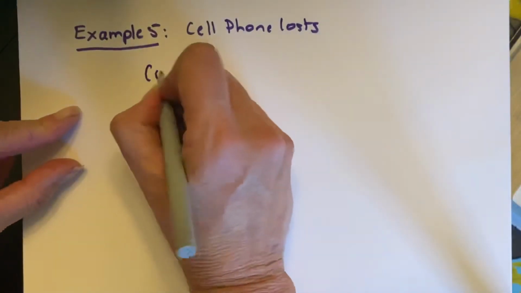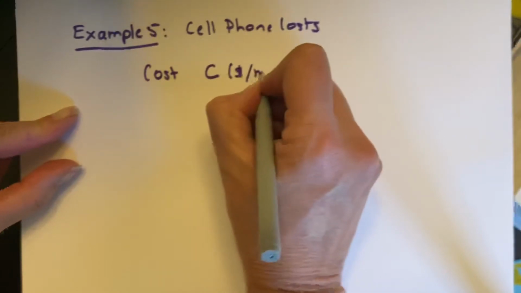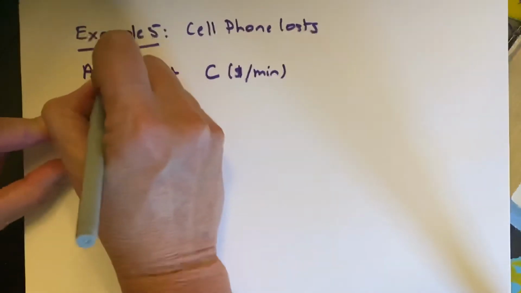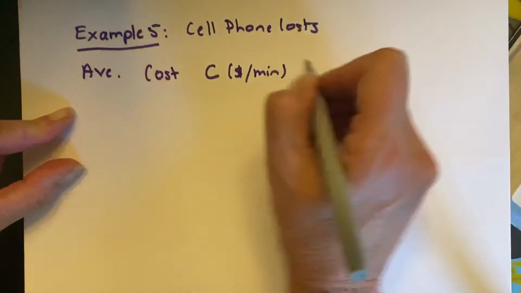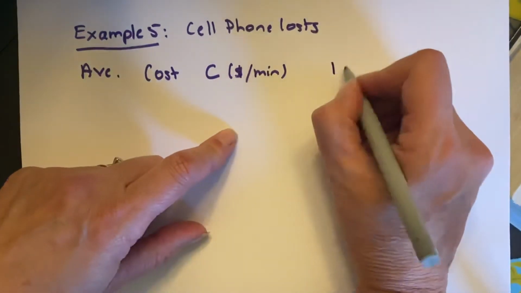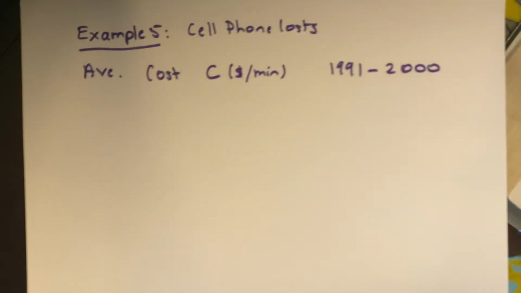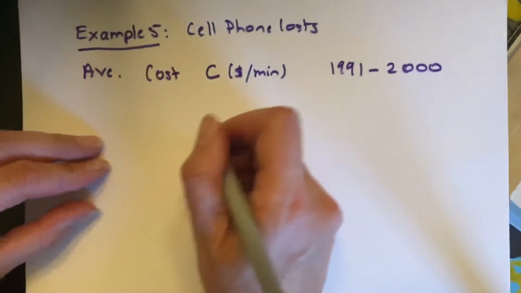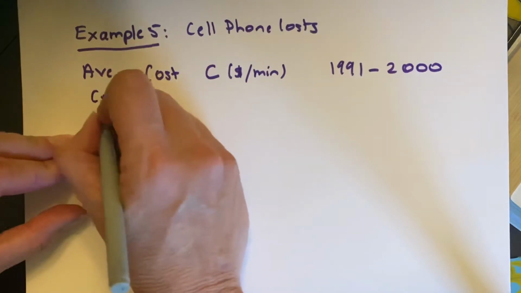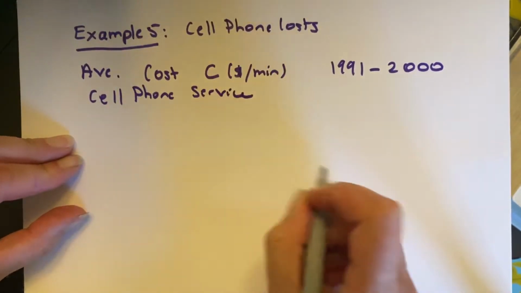So the average cost in dollars per minute, average cost for cell phone service in the United States in 1991 to the year 2000 can be modeled by, so this is cell phones, phone service, just so I write fully what this is about.